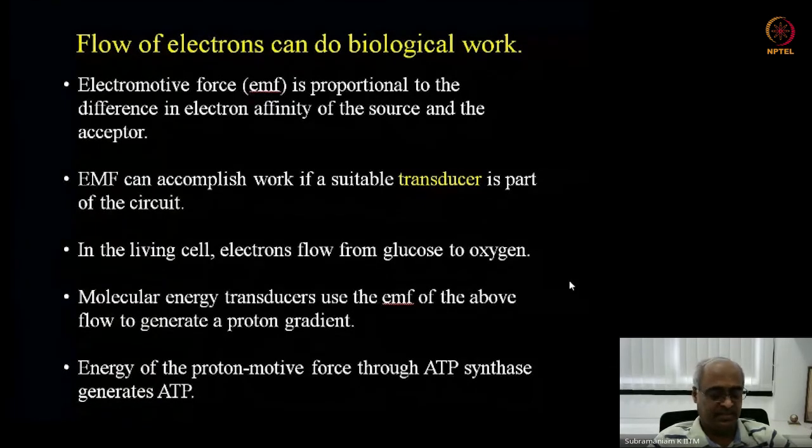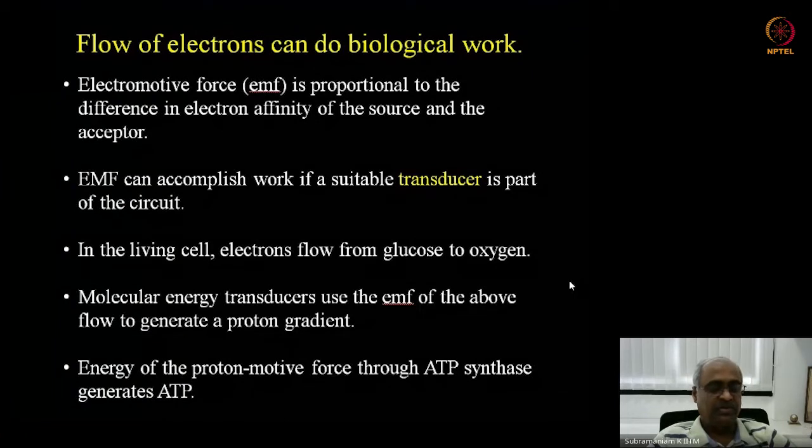As an example, we saw how the phosphoric acid esters in ATP make it a high energy molecule, and how hydrolysis of ATP can release free energy and so on. We saw about thioester, all that.